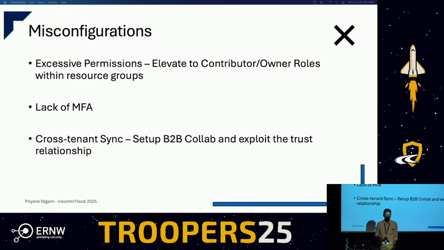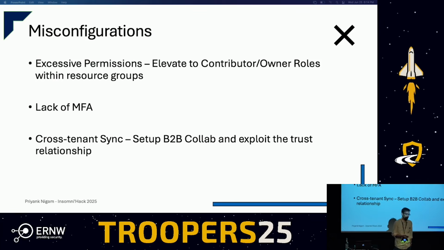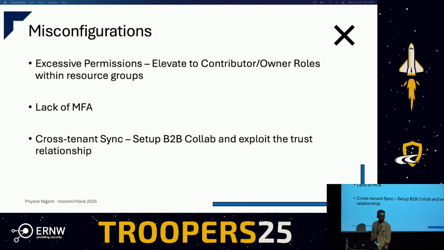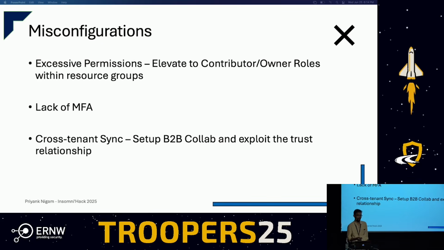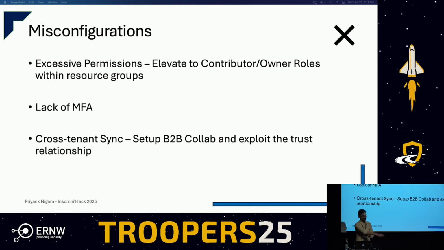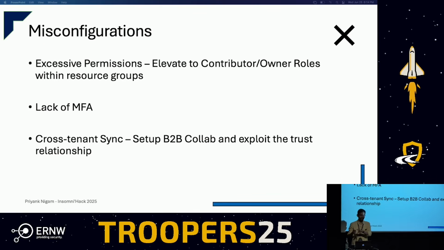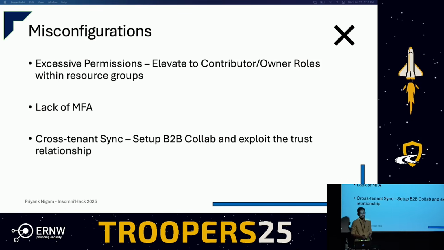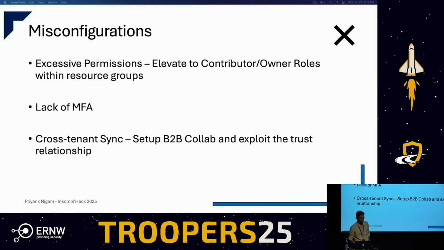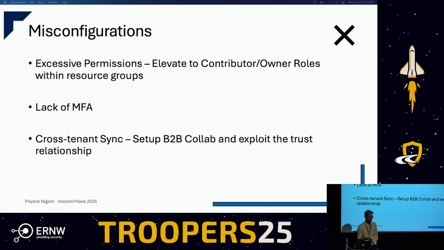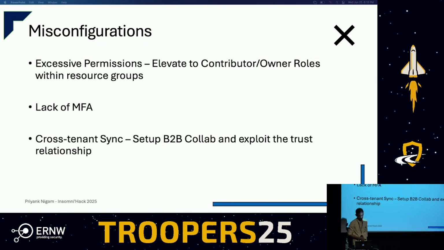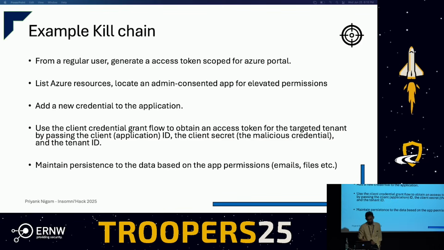So if you want to trust a child directory, for example, your company acquires some other small company and they want to be onboarded to your directory, they won't be onboarded one-to-one. They just establish a trust relationship between their domain and yours, and they have a lot more expanded privileges than just guest users. They're not just guest users, they're more or less members within your directory.